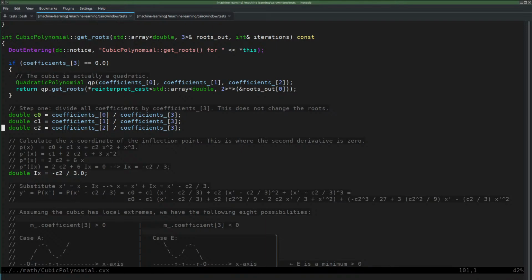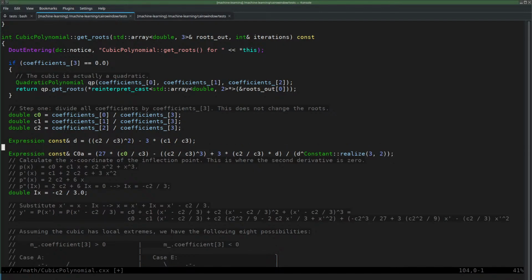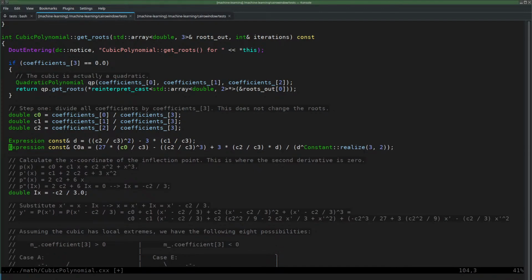So that's a good thing. That means that now the C3 is now 1, basically. So good to remove the C3.